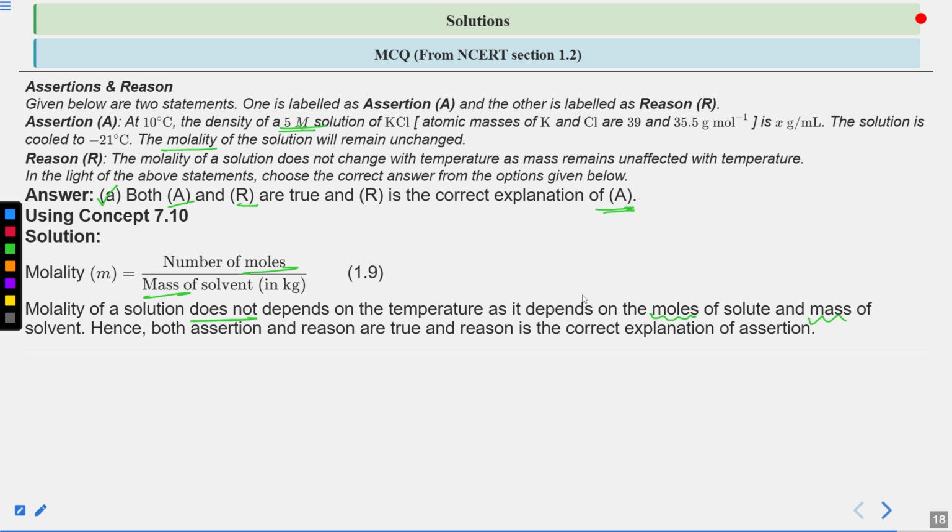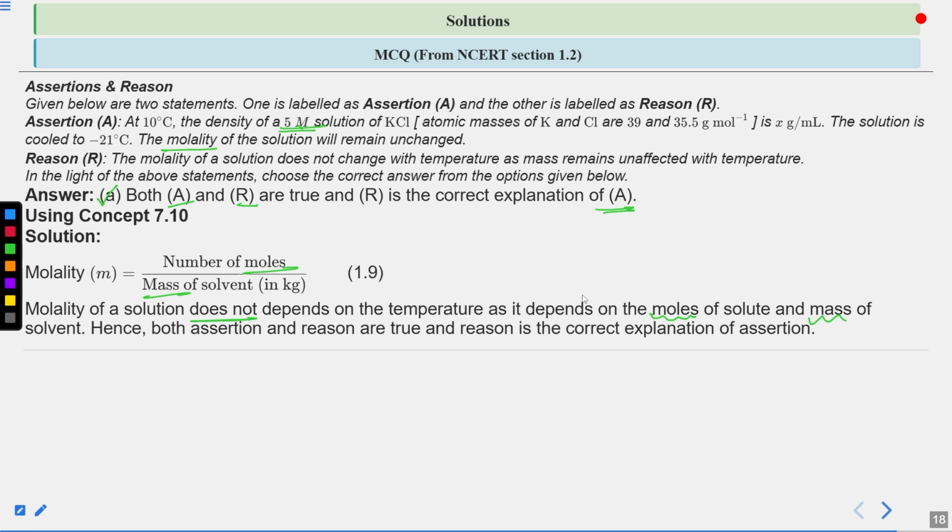Okay. So you can see that questions on the concentration terms are coming repeatedly in JEE.